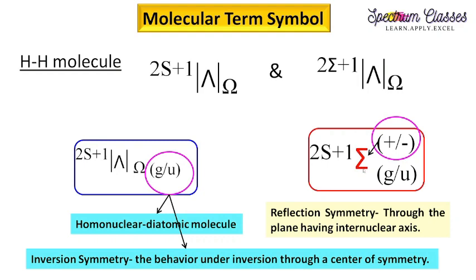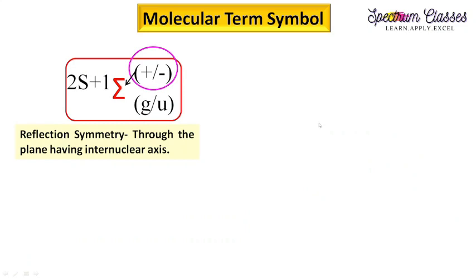This sigma term symbol is formed by two different methods, so we are going to discuss them one by one. This plus and minus reflection symmetry is not applicable to other term symbols.